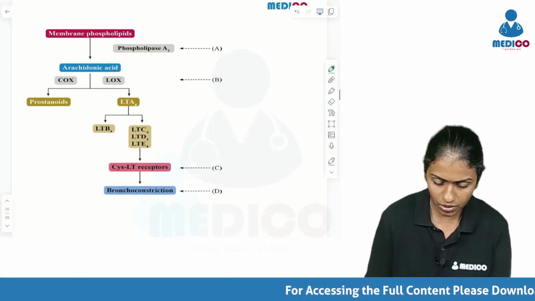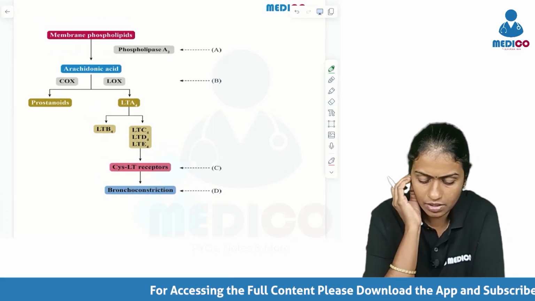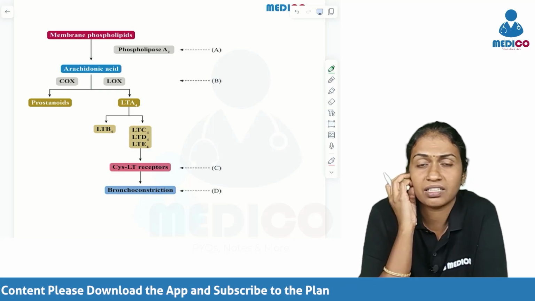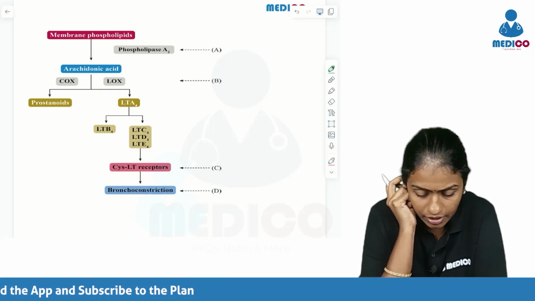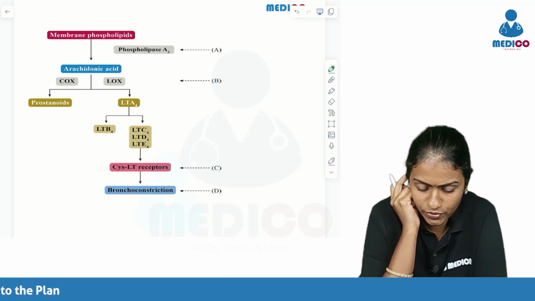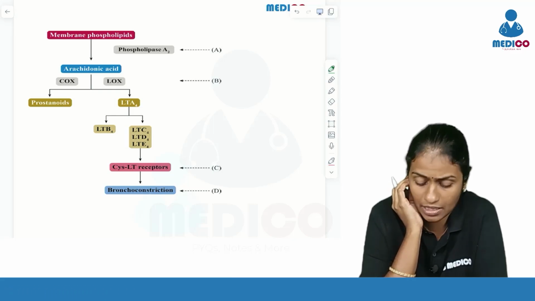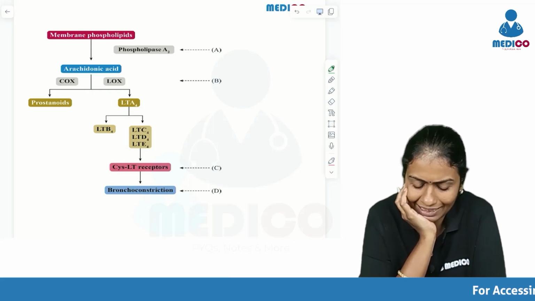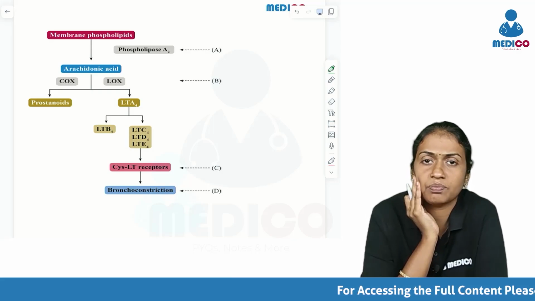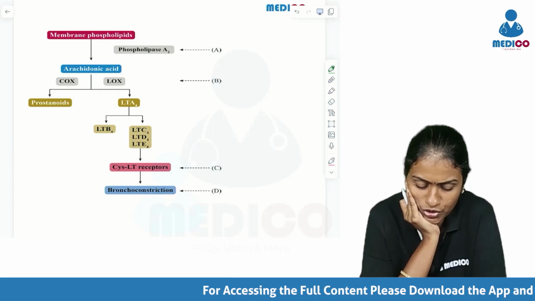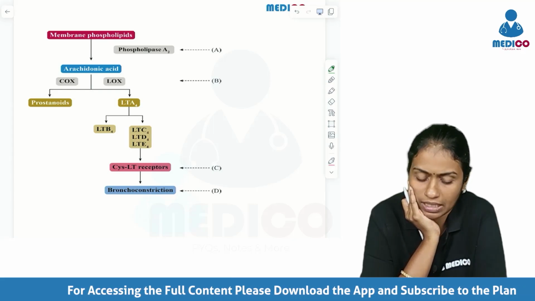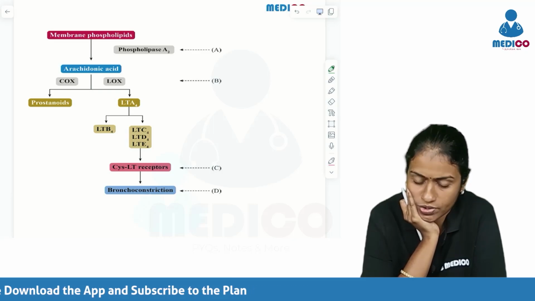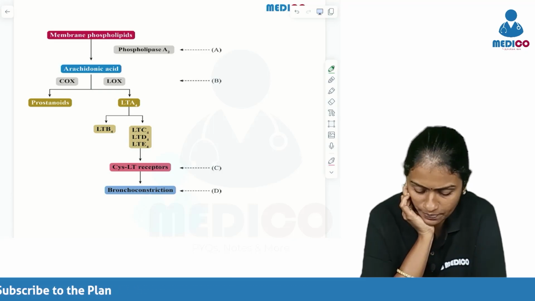Now coming to another diagram, this is the prostaglandin and leukotriene synthesis diagram. You can see the membrane phospholipids. Phospholipase A2 is acting, and then you have the arachidonic acid, which is acted upon by the COX, which brings about the synthesis of prostaglandins, and when it is acted upon by lipoxygenase, it brings about the leukotrienes.